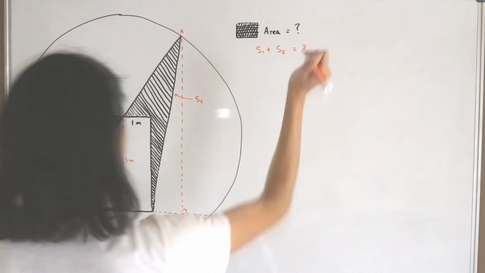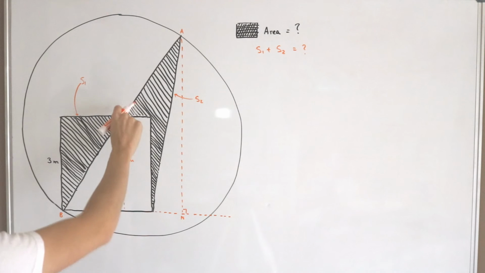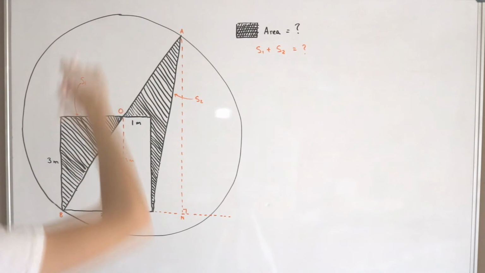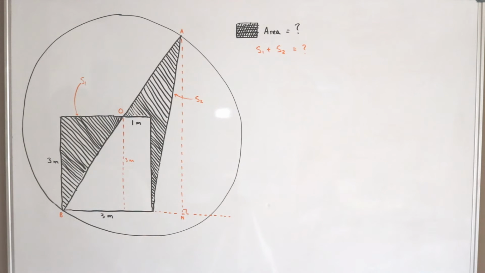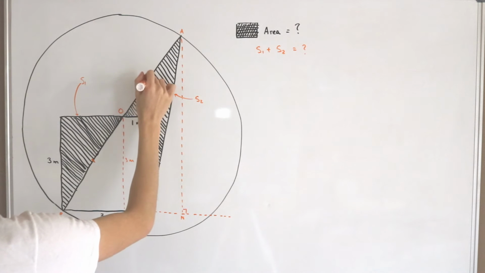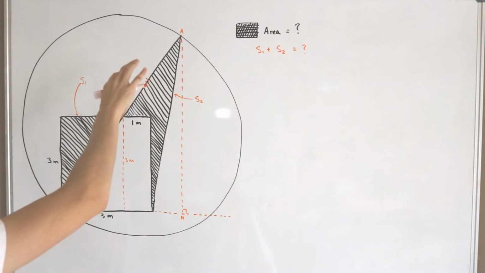Because O is the center of the entire circle, OA and OB are both radii, so these two lines are congruent to each other. I'll mark them with two orange dashes to indicate this.